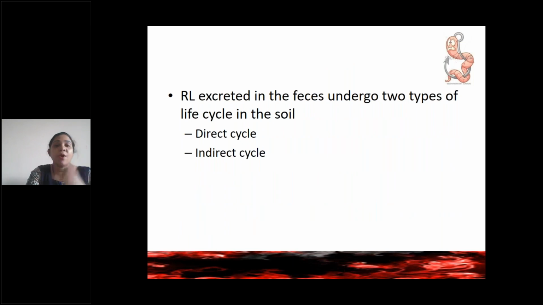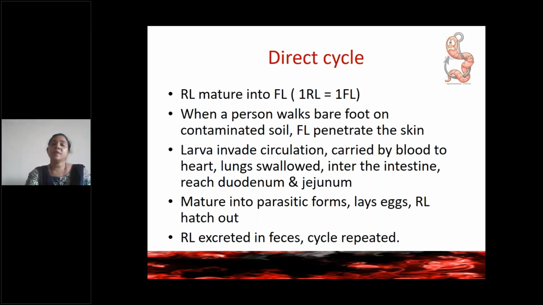Some of the rhabditiform larvae excreted in the feces undergo two types of life cycle in the soil, that is direct cycle and indirect cycle. In the direct cycle, rhabditiform larva mature to form filariform larva. One rhabditiform larva, one filariform larva. When a person walks barefoot on contaminated soil, this filariform larva penetrates the skin, and this larva invades the circulation, carried by the bloodstream to the heart.